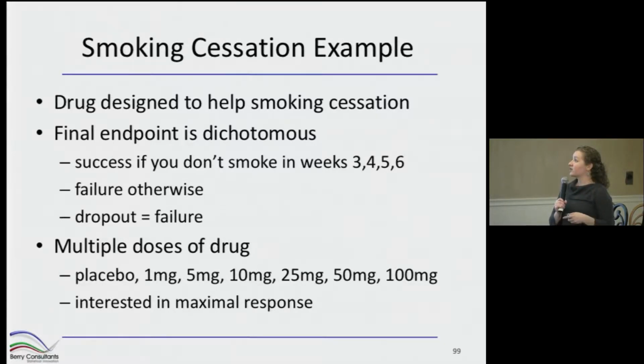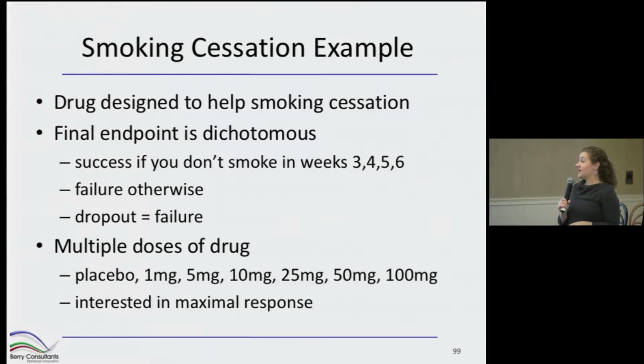Patients who drop out of the trial and don't complete the full 6 weeks of follow-up are also considered failures. We assume that if they drop out, maybe that's because they are smoking again, so we consider those patients a failure.